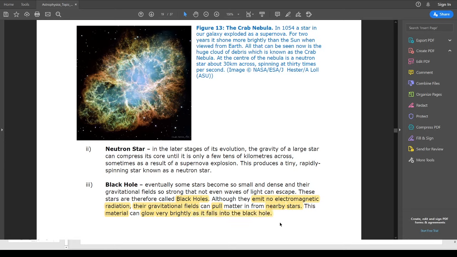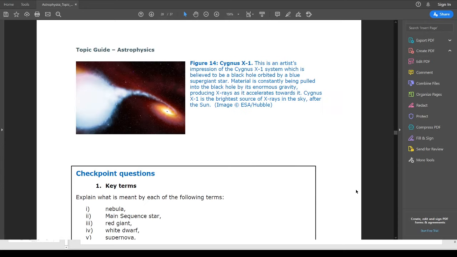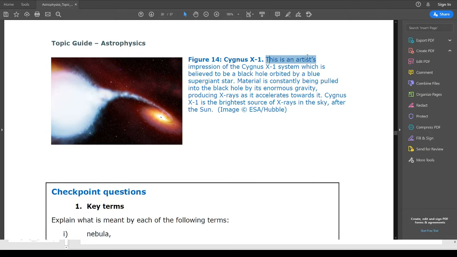So when we see the event horizon, we don't actually see light from the black hole, we just see light from the material that is getting pulled into the black hole very fast, and those materials are glowing very brightly. Is that clear? This is an artist's impression. This is not a picture, it's a drawing.